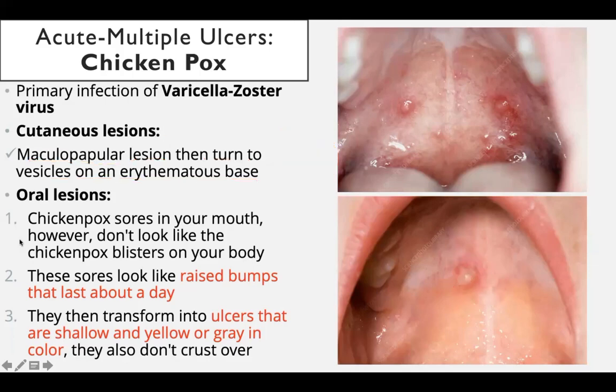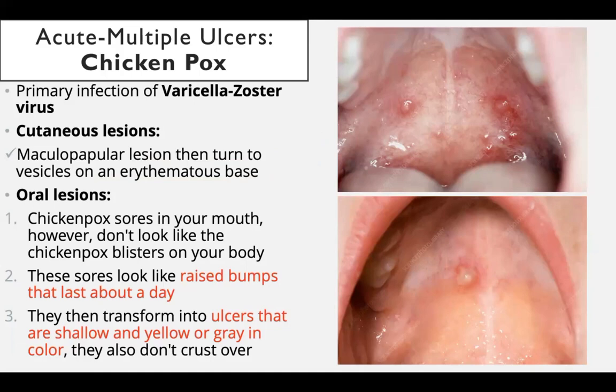What are the oral lesions? Chickenpox sores in your mouth. However, they don't look like the chickenpox blisters on your body. So if chickenpox extends to the mouth, it is not the same as the manifestation on the skin, because on the skin we have different anatomy.